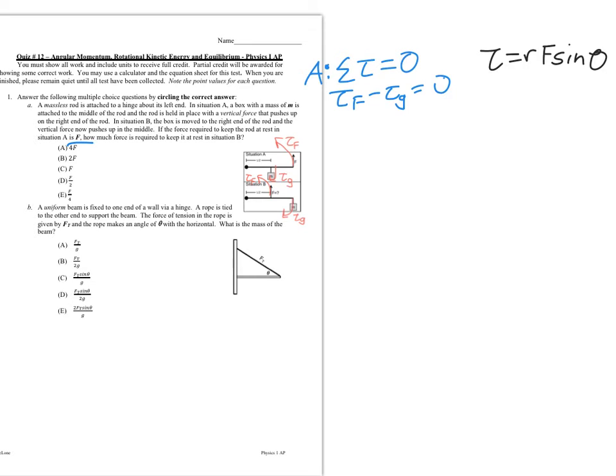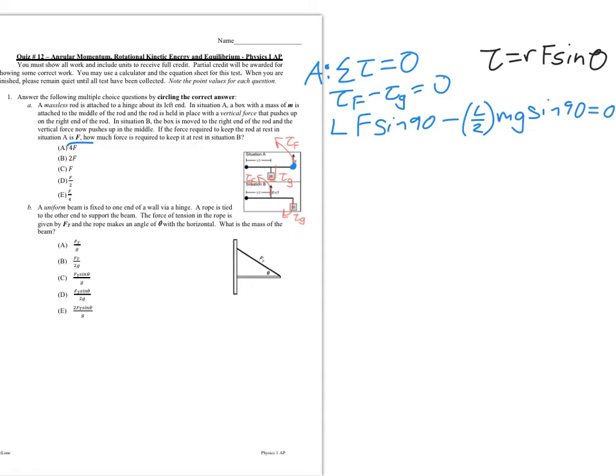And so the torque from the force, F on the end, is going to be L, the full length of the rod, because that's where that force acts from, times the force, which has been defined as just F, times sine of 90, minus the mass, which acts in the middle at a distance of L over 2, times mg, also times sine of 90.